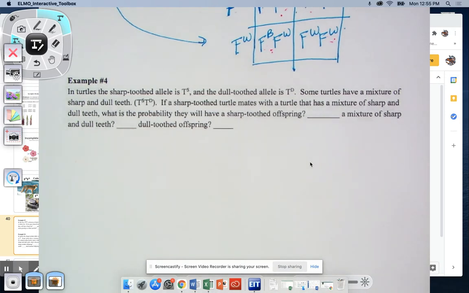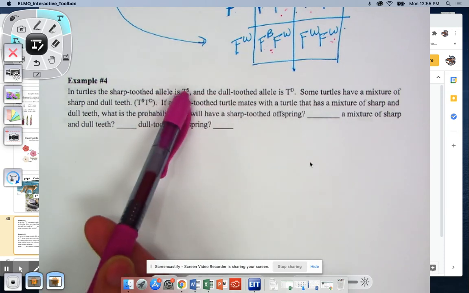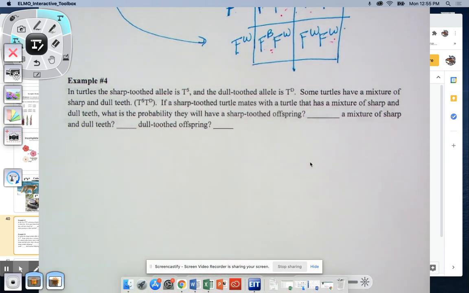All right, next example. In turtles, the sharp-toothed allele is TS. The dull-toothed allele is TD. Some turtles have a mixture, TS-TD. So notice I've stopped writing 2. There's no reason. I don't have to tell you everything because you should understand the way it works.